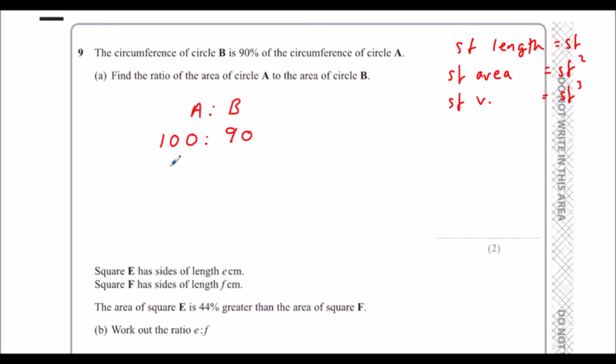And let's simplify this. So that's 10 to 9. Divide both by 10. So this is for length. We want area. So we need to square the scale factor. 10 squared is 100. 9 squared is 81. So the ratio of the area of A to the area of B is 100 to 81.